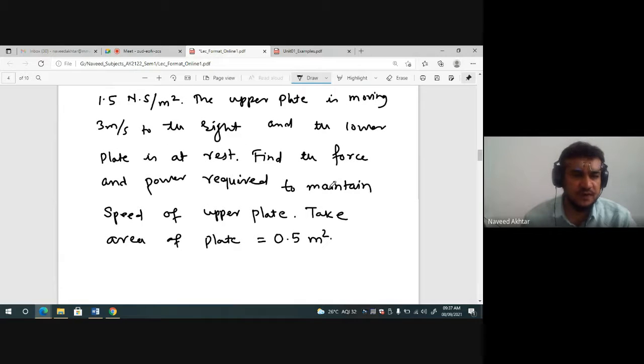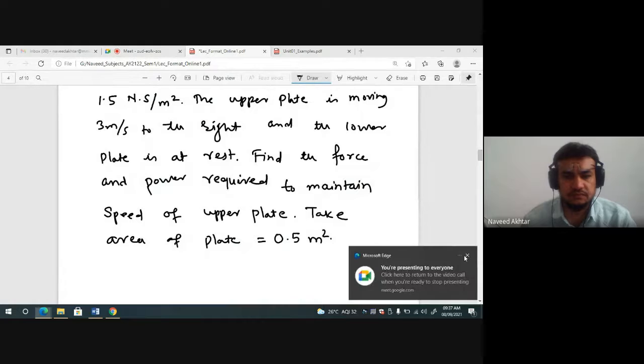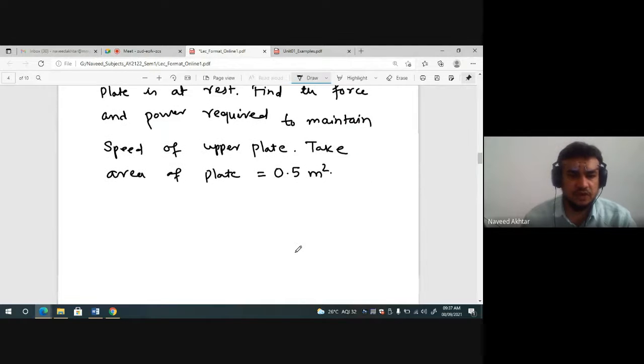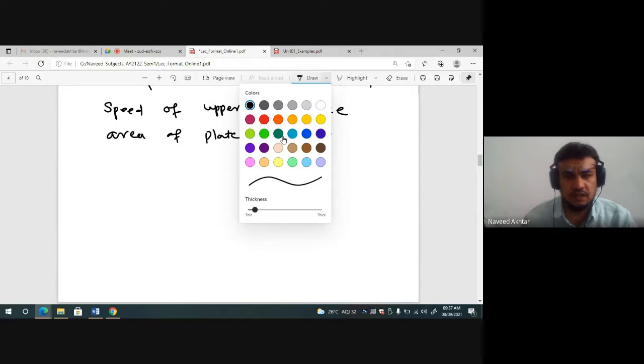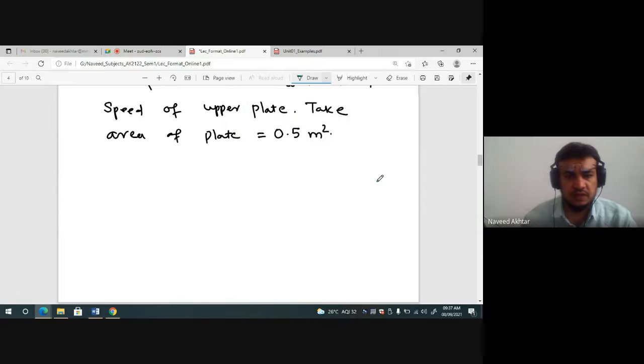Find the force and power required to maintain speed of the upper plate. Take area 0.5 meter square.